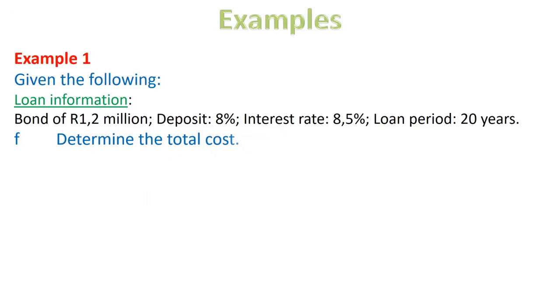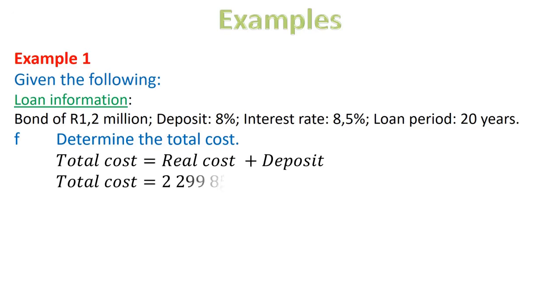F. Determine the total cost. Now again, if you remember your formula, your total cost equals your real cost plus the deposit. So that means our total cost equals 2.2 etc. million plus our deposit of 96,000.